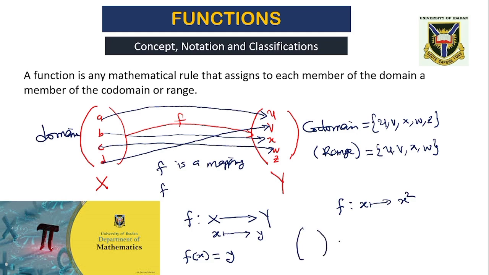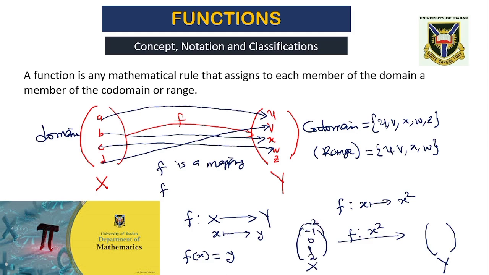Some members of this set are taken to some members of this set. Say we have minus 1, 0, 1, 2. Let me also add minus 2.